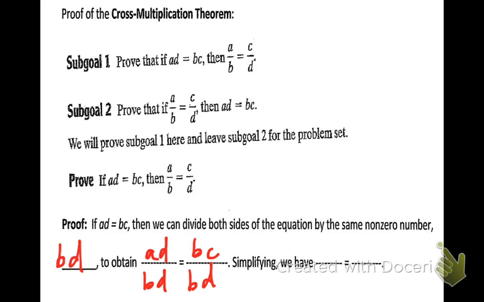And simplifying, we would have the D's cancel and the B's cancel. We would have A over B equals C over D. Right.